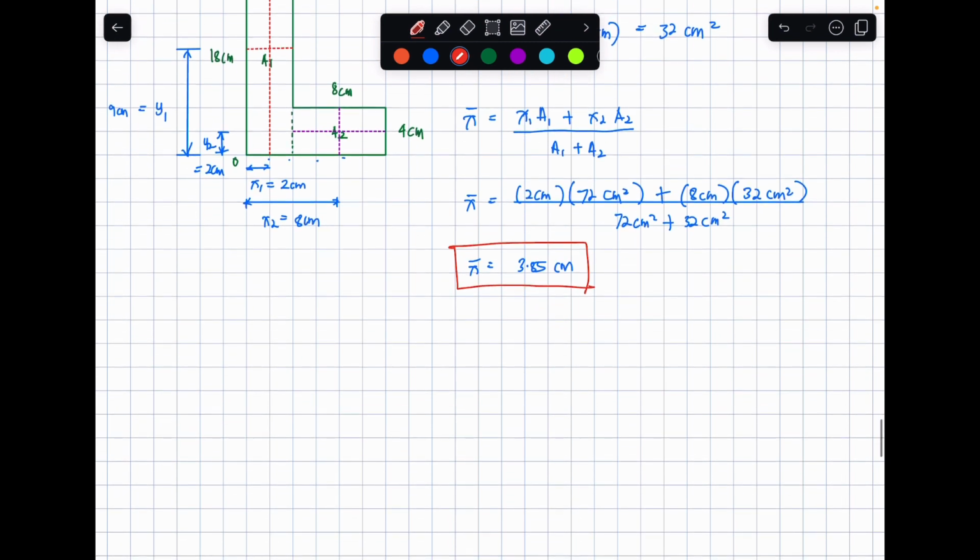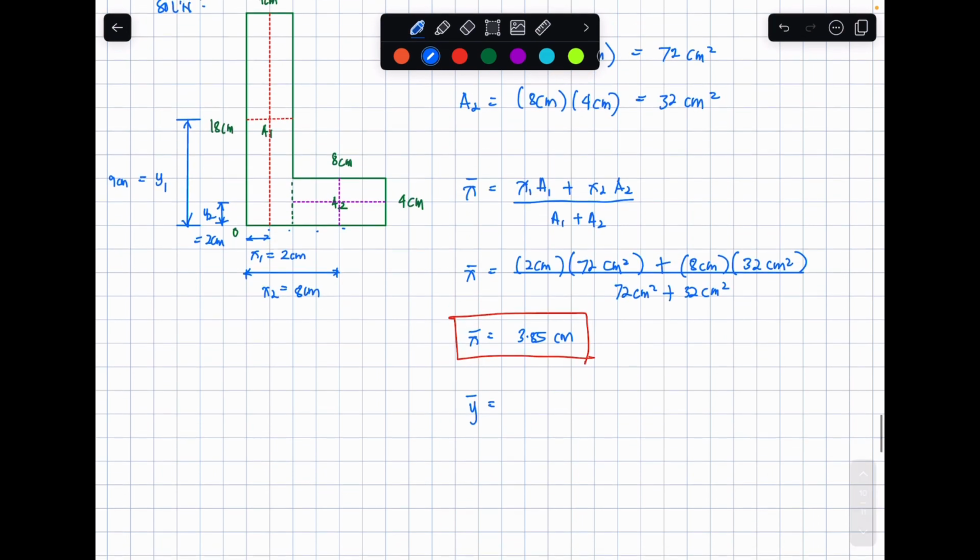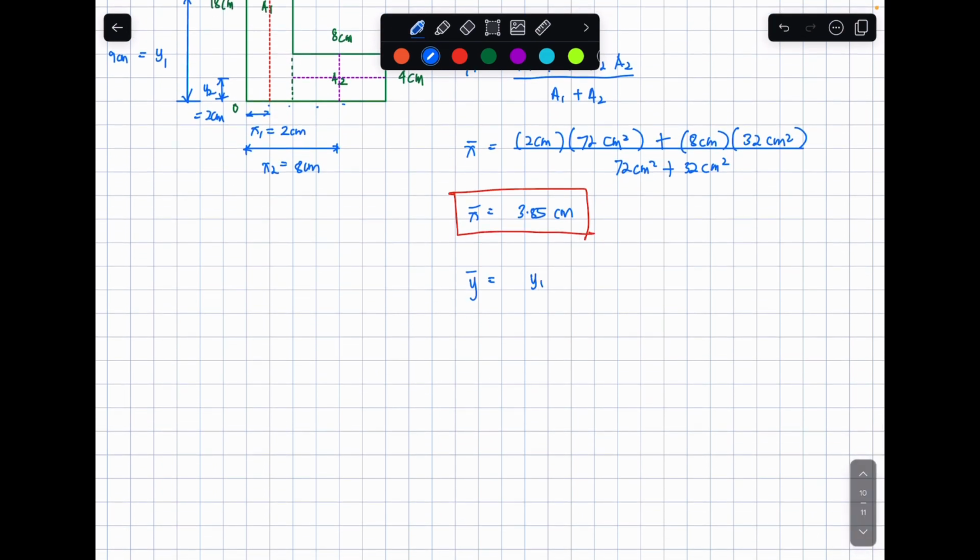For the y, the y component will be y1 a1 plus y2 a2 all over a1 plus a2.